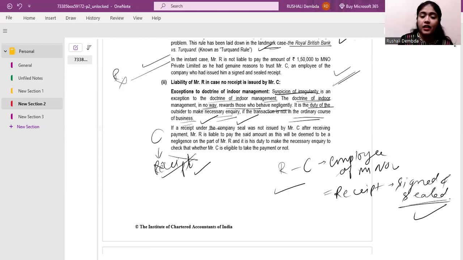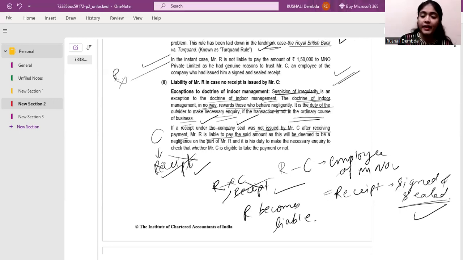If a receipt under the company seal was not issued by Mr. C after receiving payment, Mr. R is liable to pay. Okay, if the receipt was not given, and R came back, did not suspect anything, and was just negligent, thinking okay, if I've not got the receipt, it's not a big thing, then R becomes liable, because of his negligence.